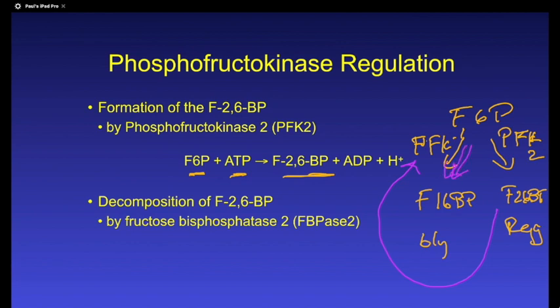So I actually use the same reactant, but I create two different products. To get rid of the fructose 2,6-bisphosphate, I use fructose bisphosphatase, and a phosphatase takes off a phosphate. So I can make it with the kinase, and I can take it out with a phosphatase. Both of them are version 2.